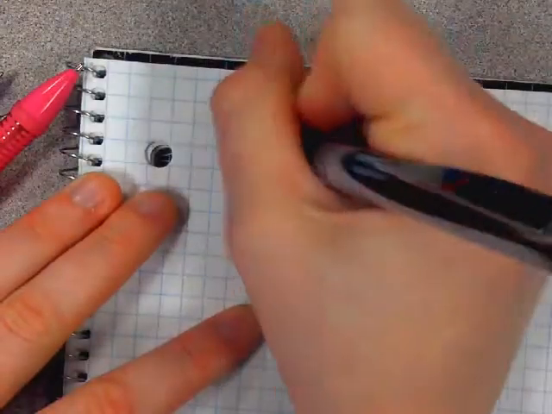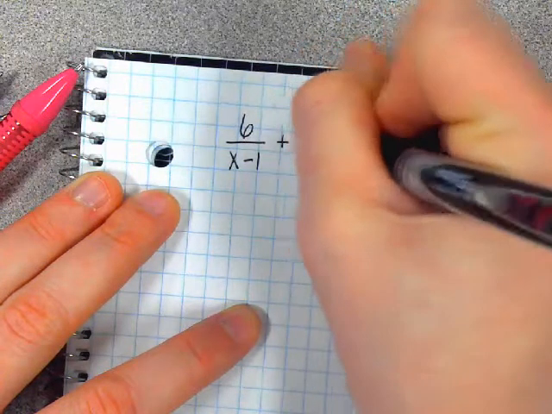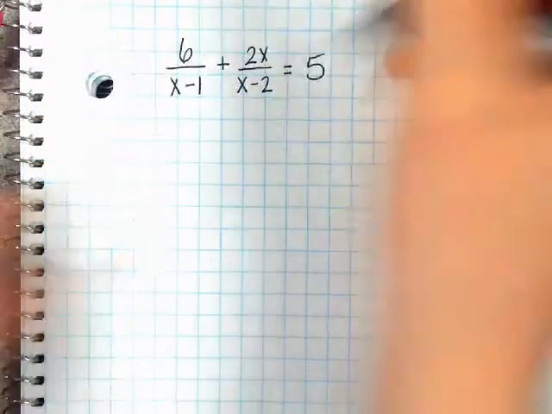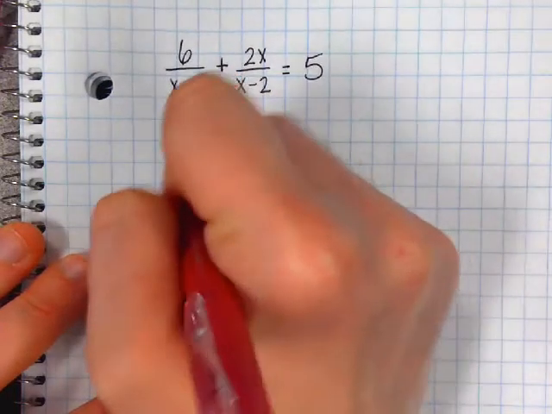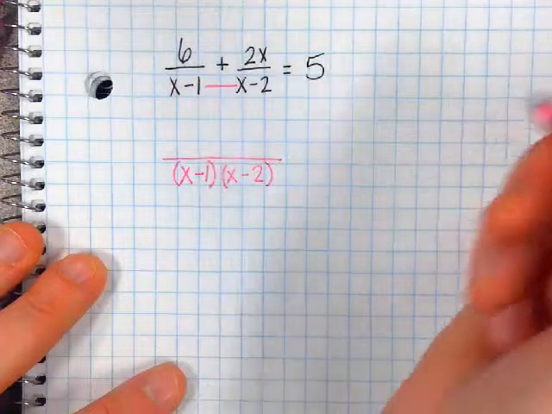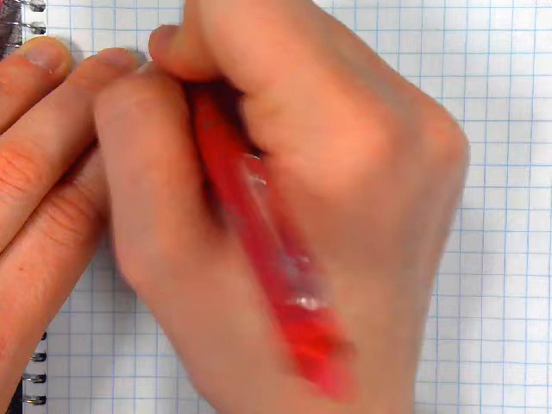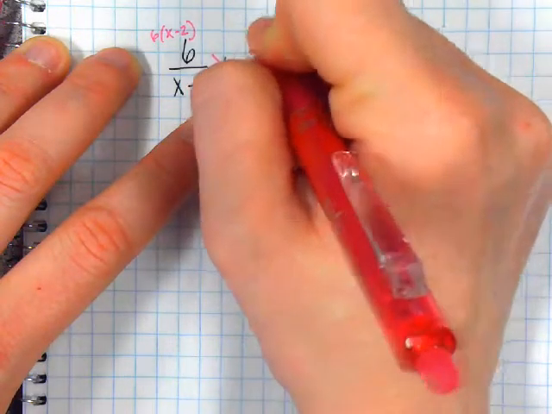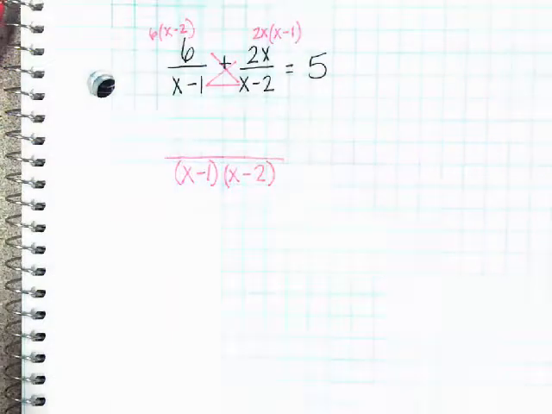All right, the next one we're going to do is 6 divided by x minus 1 plus 2x divided by x minus 2 equals 5. Okay, again, first step, you need to multiply across the bottom. So I'm going to multiply x minus 1 times x minus 2, and then cross multiply 6 times x minus 2 and 2x times x minus 1.